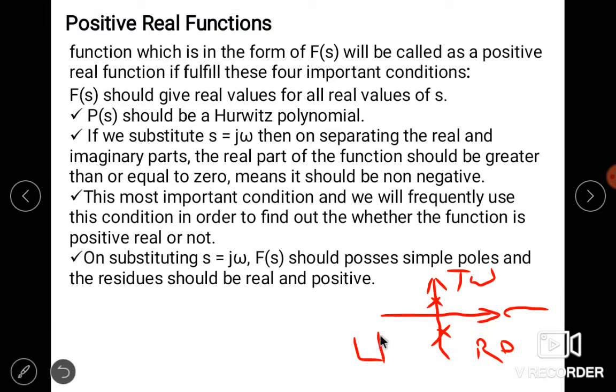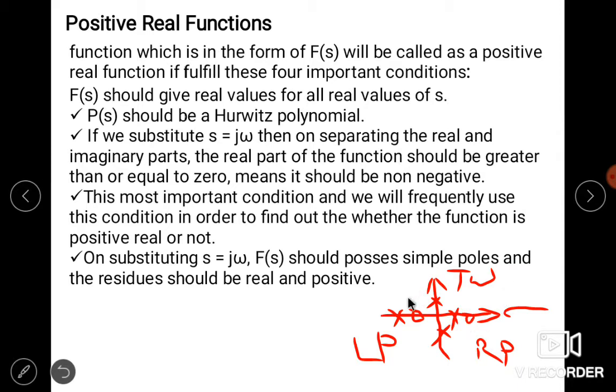If the poles and zeros, if I say this is the pole and this is the zero, lie on the left plane, then the system is stable. If the poles and zeros lie on the right hand side plane, then the system is unstable.